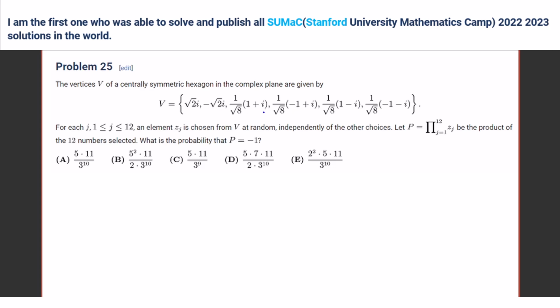Now we have these vertices for each j from 1 to 12. The element zj is chosen from V at random, independently of the other choices. Let P be the product of the 12 numbers selected. What's the probability that P is -1? So for each j, element zj is chosen from V.